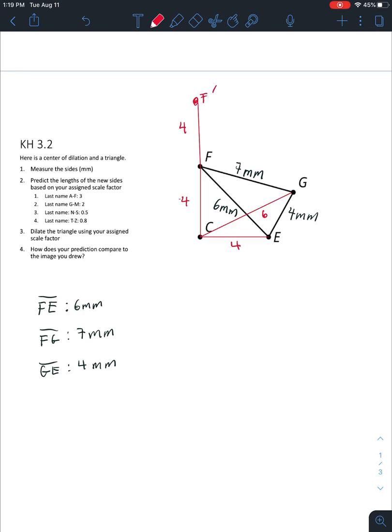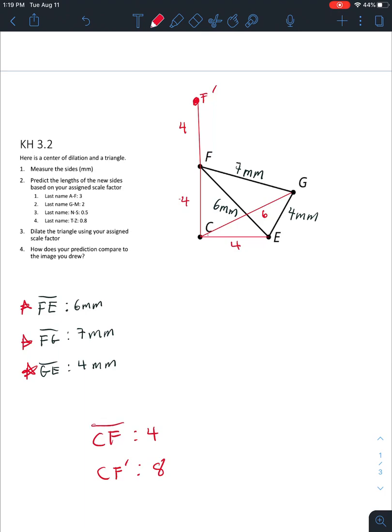Because we know that CF is 4, so CF prime is 8. So this is just saying how far away the center is from our new vertex, which is different than the sides, right? These are just the sides of the triangle, so you just have to separate those in your head.